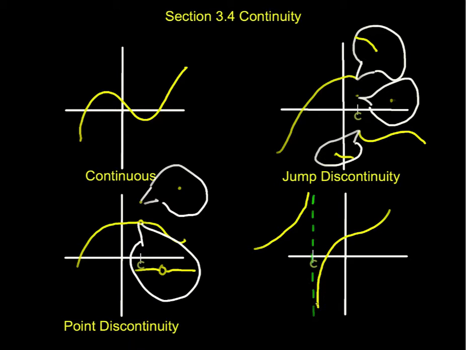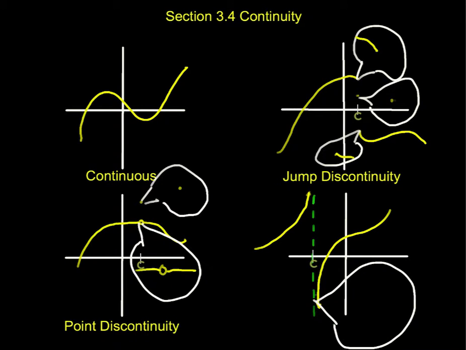And so at this point, I can still zoom in, and if I zoom in here, I'd still see my asymptote, and the graph would just be getting real close to it, but never actually touching it.